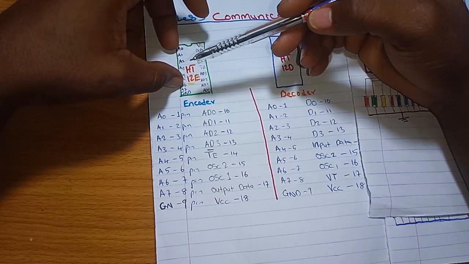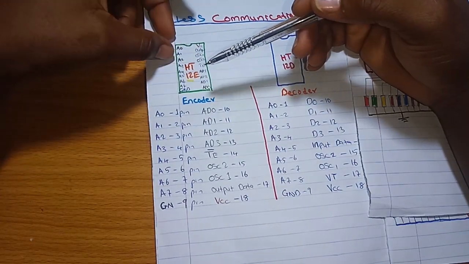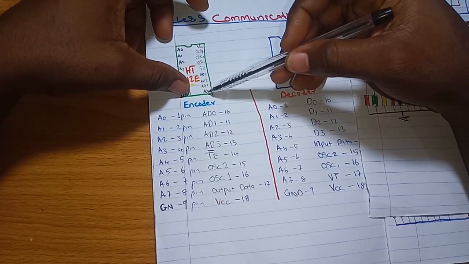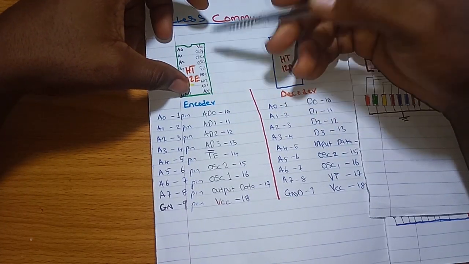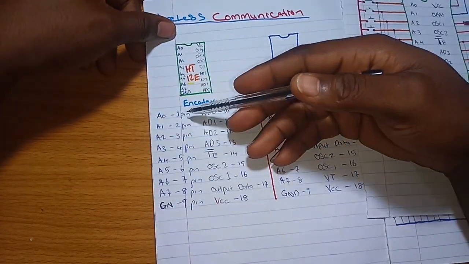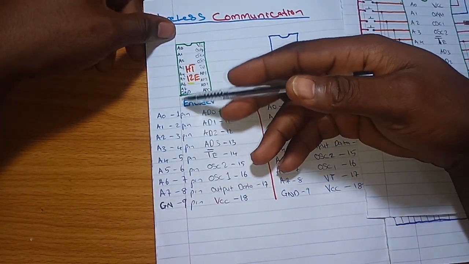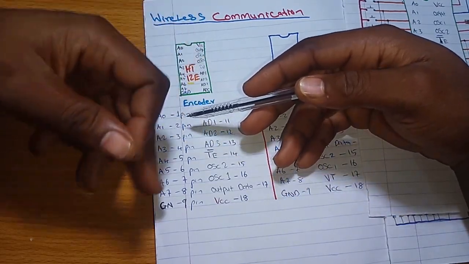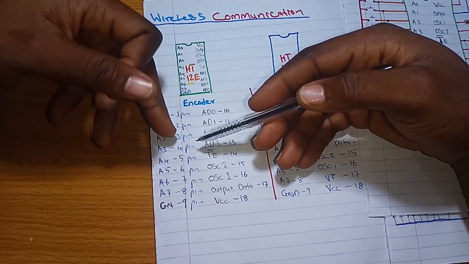This is the address line. I will talk about what this address line is all about. And if you look at this side, you will see AD0 to AD3. This is the address data line. And this is their pinout in respect of the IC. A0 is pin 1. You can see I've labeled it out here.